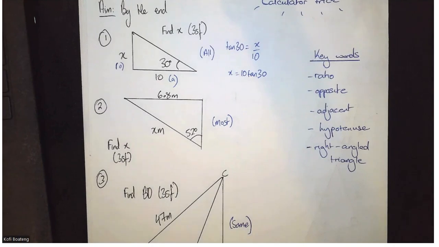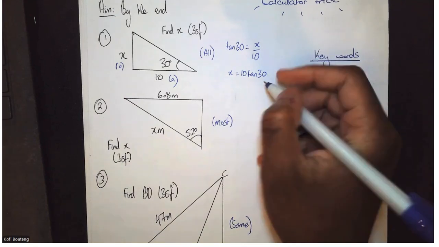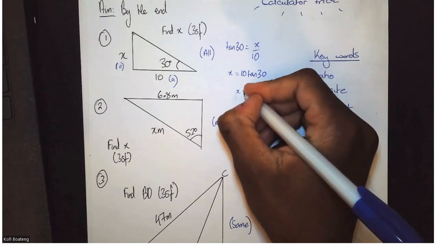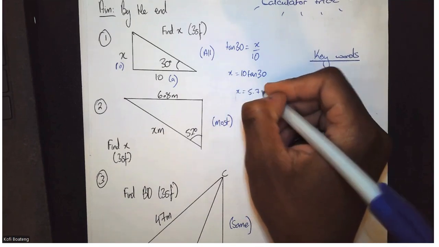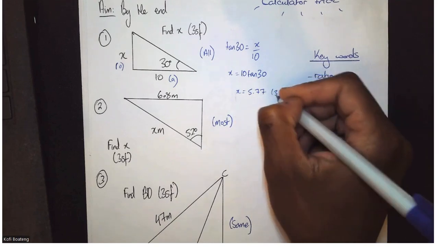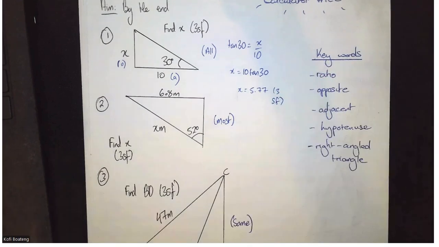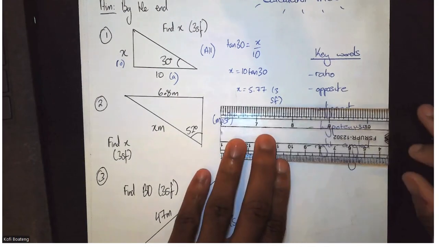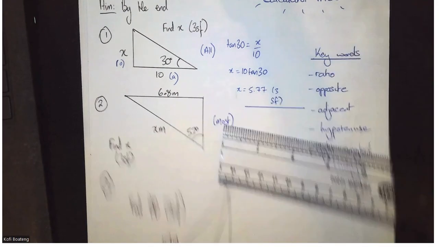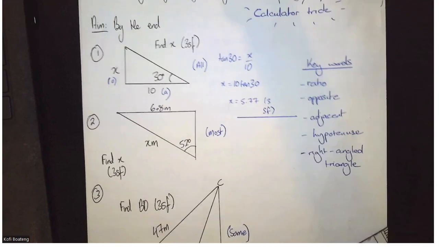And to 3 significant figures, this is 5.77. Again, you would verify this on a calculator before you move on. And it's always good that you have this function now.